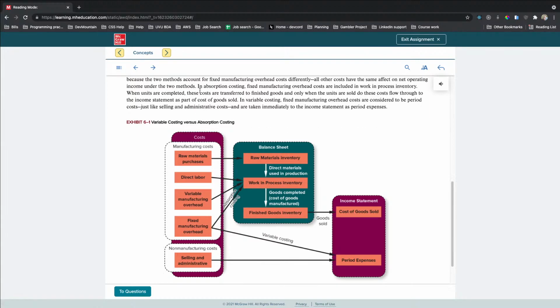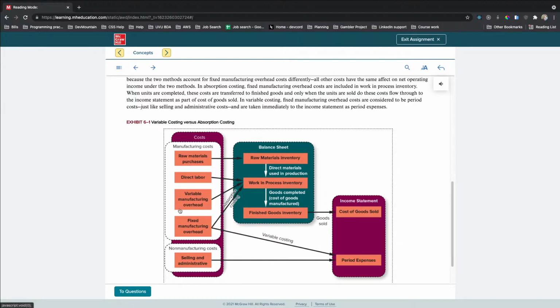In absorption costing, fixed manufacturing overhead costs are included in work in progress inventory. When units are completed, these costs are transferred to finished goods, and only when the units are sold do these costs flow to the income statement as part of cost of goods sold.